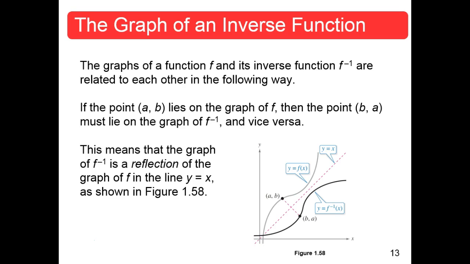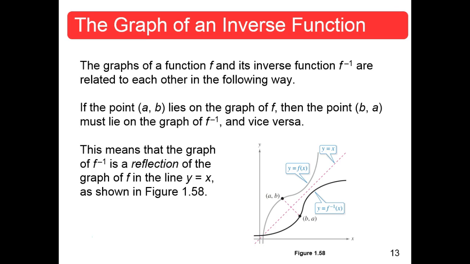A one-to-one function, if it's a continuous function like this. Now if it's just a few point ordered pairs, you just swap them. That's all you do. But if it's a continuous function like this, a one-to-one function, in order to pass the horizontal line test, it can't back up on itself. So this is a strictly increasing function. It slows down the increase, but it's still increasing. It has to be strictly increasing or strictly decreasing.